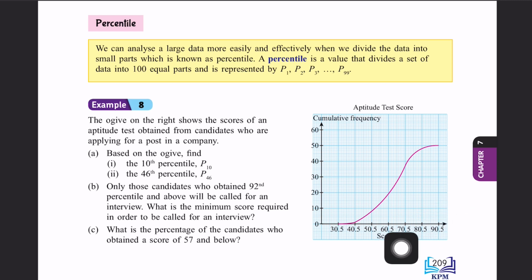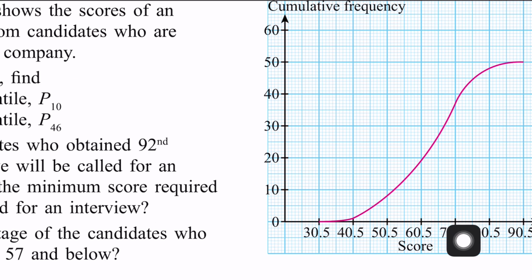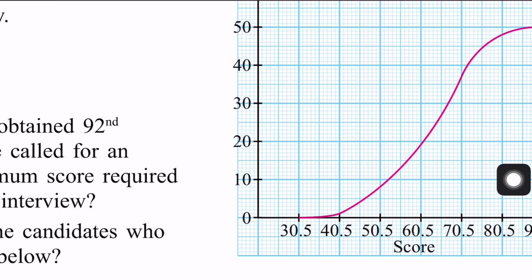Okay, 57 around sinilah, 57 kan. Okay, 50, 51, 52, 53, 54, 55, 56. Okay, around sini. Okay, so around this area.